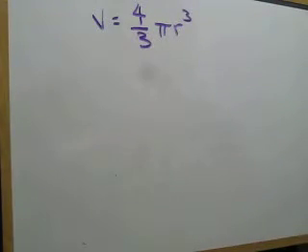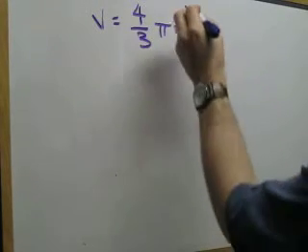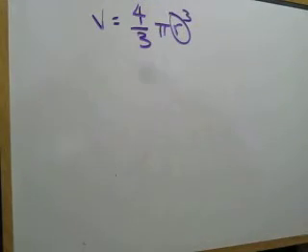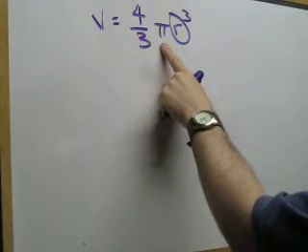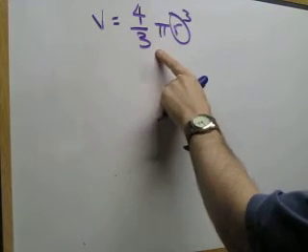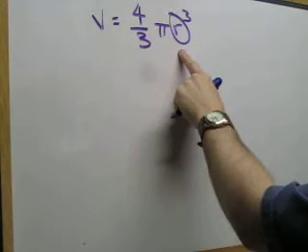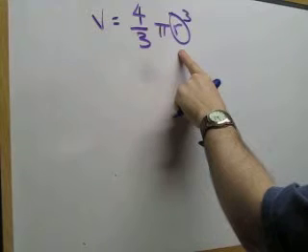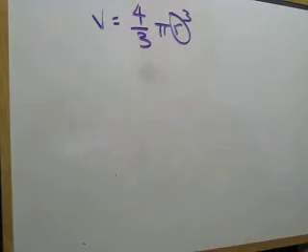For number 67, they give you a radius of 2 miles. So you're going to put a 2 in for this r, and the instructions say pi is going to be 3.14. So 4/3 times 3.14 times 2 miles cubed, 2 times 2 times 2, which gives us 8. We're going to do the same thing with number 68, only our radius is 3. Same thing with 69 and 70. We're just changing the radius to different numbers.